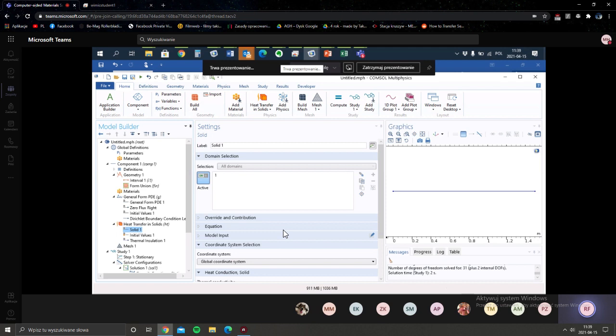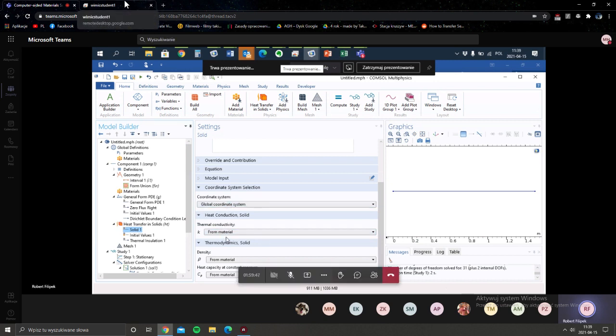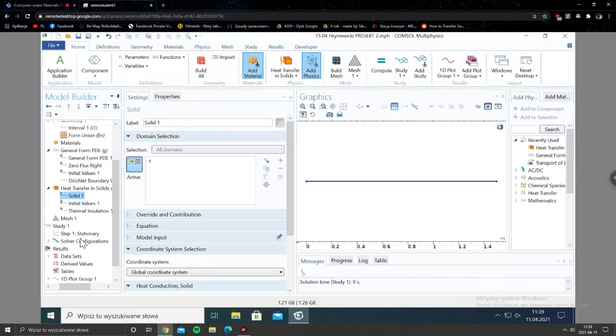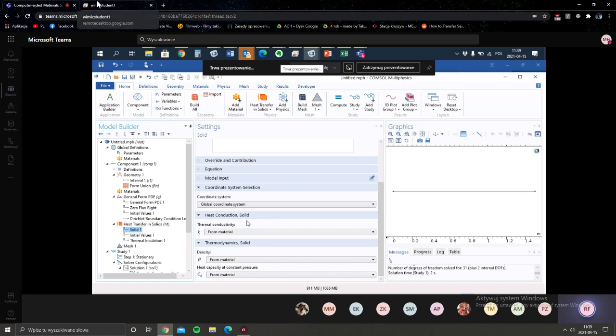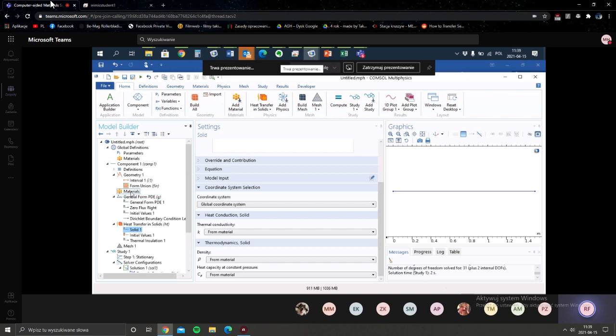All right. So at first, there is a default interface called solid. And in solid, we define some heat conduction, which is described by thermal conductivity. And this heat transfer model usually works with properties defined by materials.